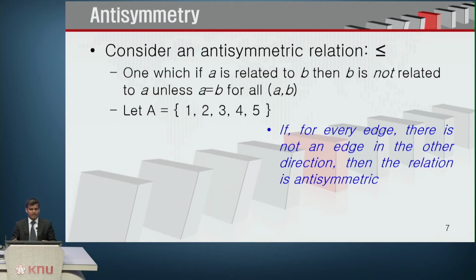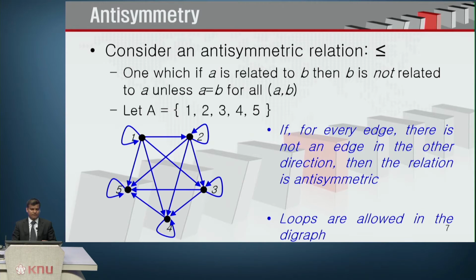For every edge there is not an edge in the other direction, then the relation is antisymmetric and loops are allowed in the digraph. So here is how it can be represented. At times you can say this is the one that looks like a reflexive property again.